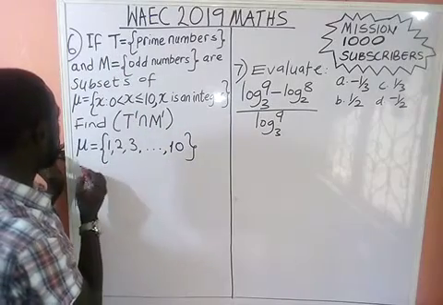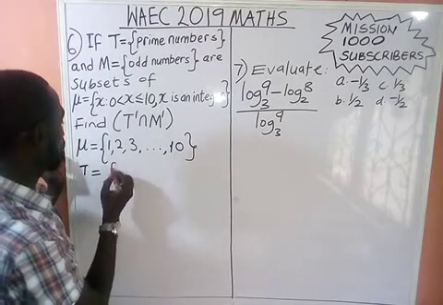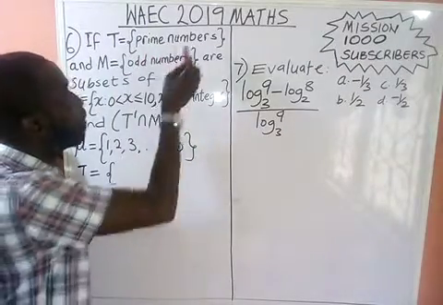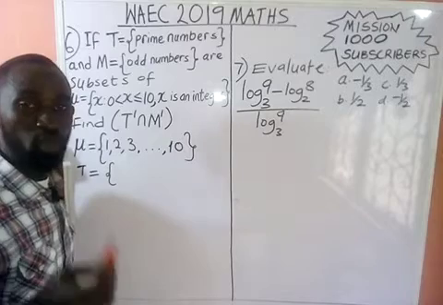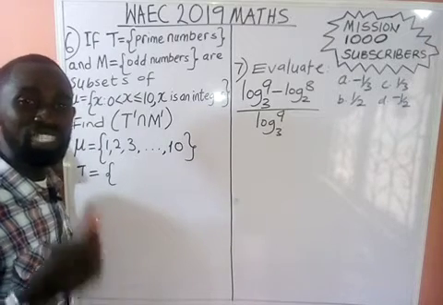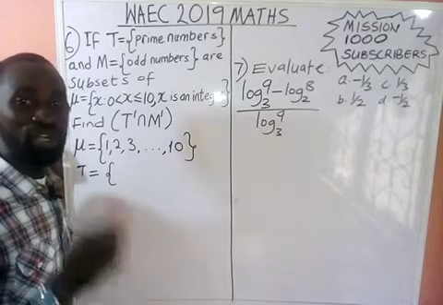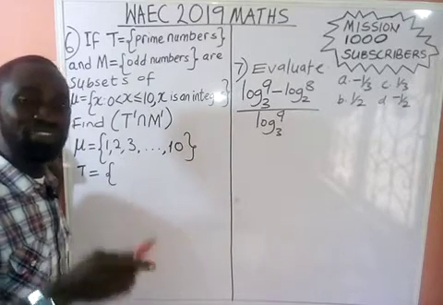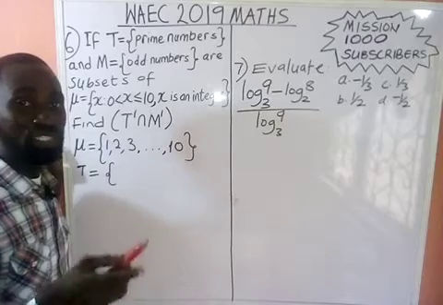Alright, so let's now list the elements of T. T is a set of prime numbers. Class, the question now is, what are prime numbers? Prime numbers are numbers that are divisible only by themselves and 1. So it's only 1 and that number that can divide the number.